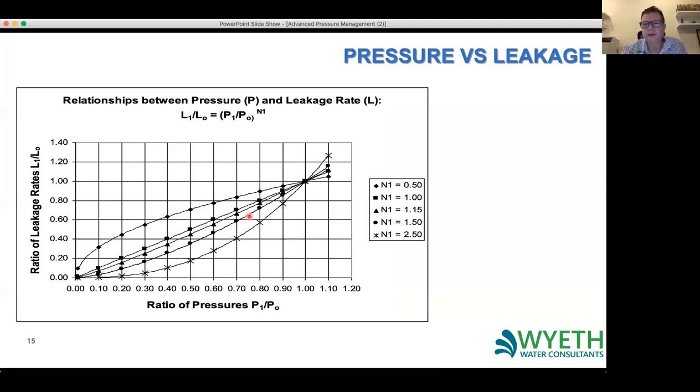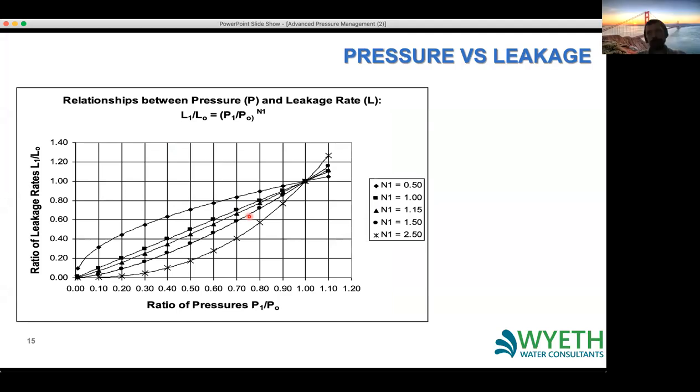And the relationship, as we've talked about before, between leakage and pressure: any of that excess pressure is going to cause more than 15-20% extra leakage volume.